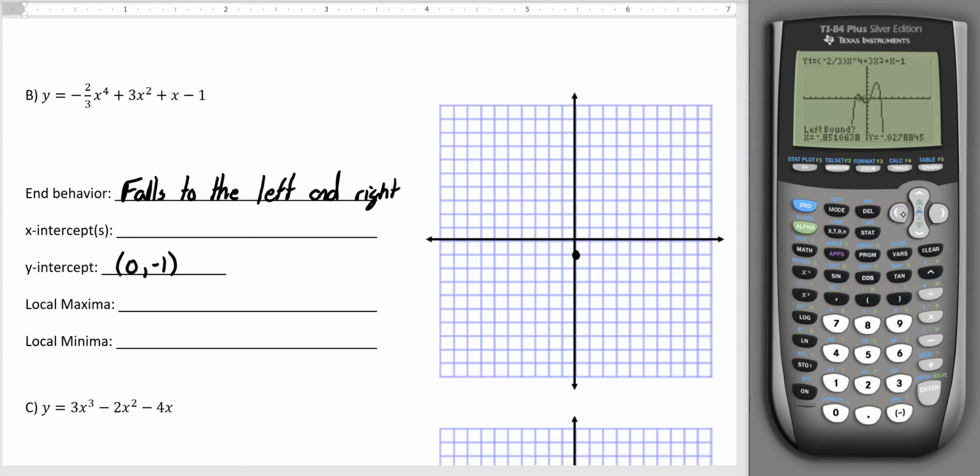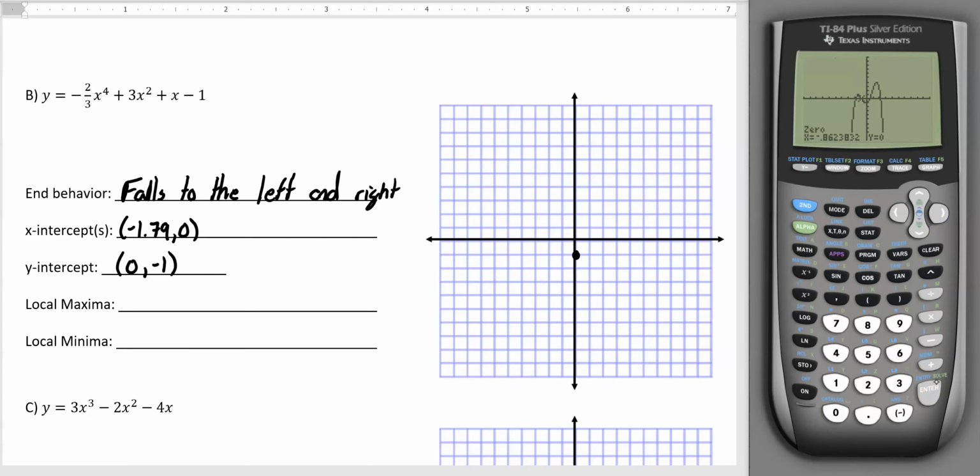Go to the left of this first one. Press enter. Go to the right. Press enter. My first one's at (negative 1.79, 0). Okay, let's find the next one. Second calc, zero. Go to the left of it, then to the right of it.